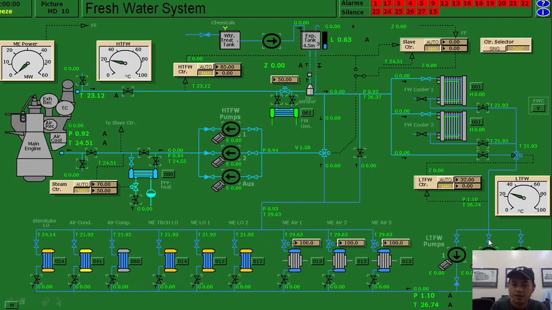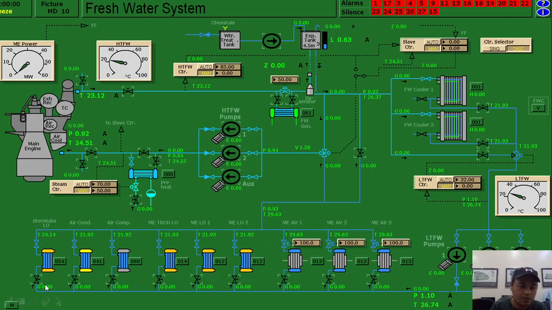The electrical consumption will be lower in the auxiliary pump than the main pump. So we have three pumps here.